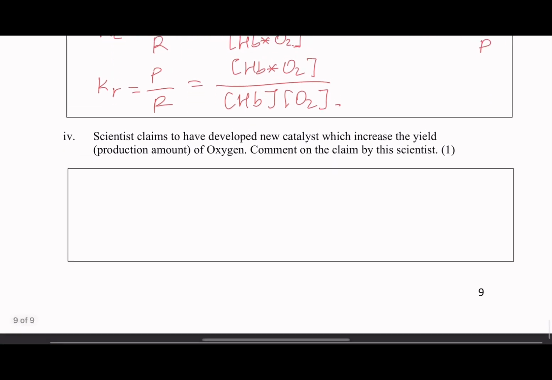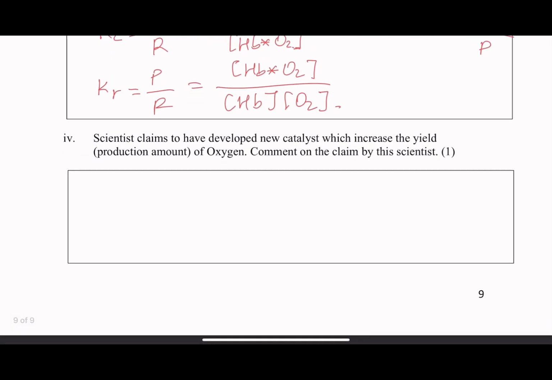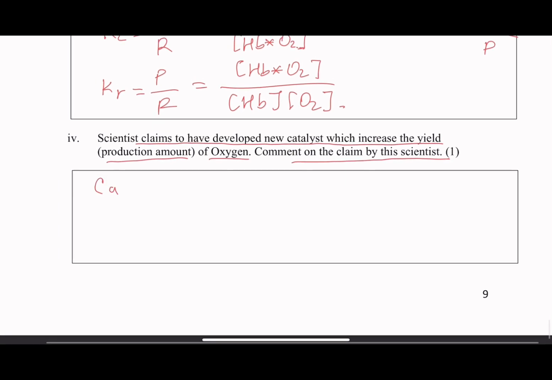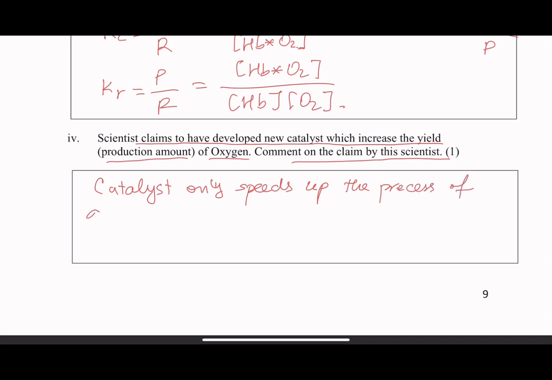Okay, and we go into the fourth part, which is our last question. A scientist claims to have developed a new catalyst which increased the yield of oxygen product. Comment on the claim by the scientist. We told you guys that a catalyst only speeds up the process of achieving equilibrium.